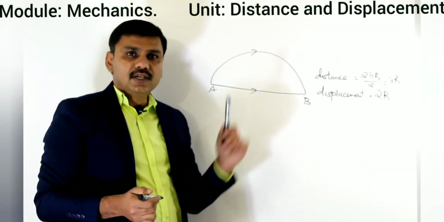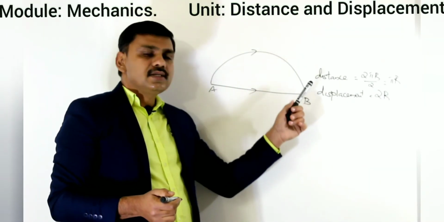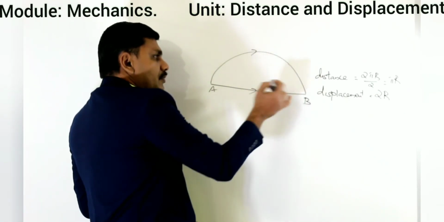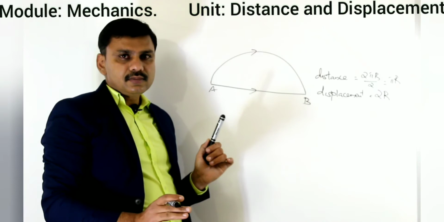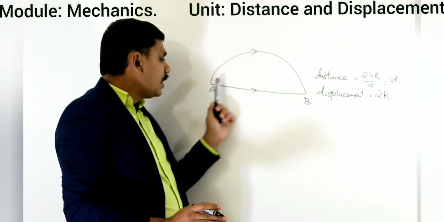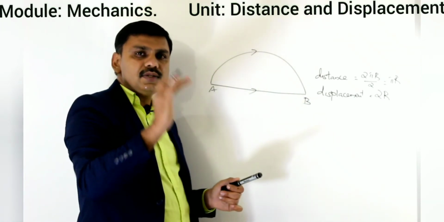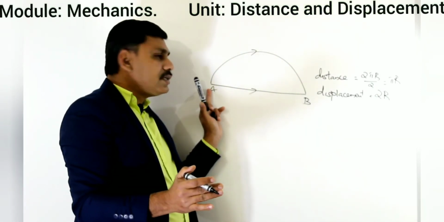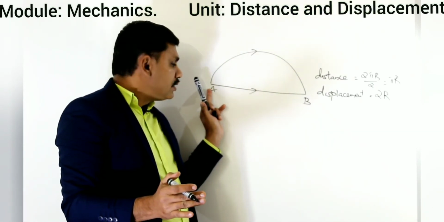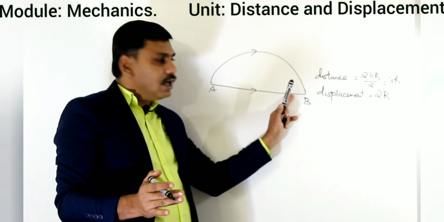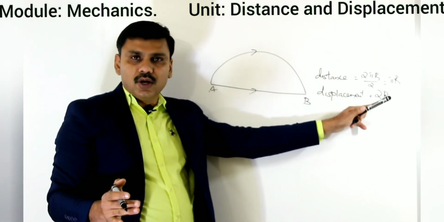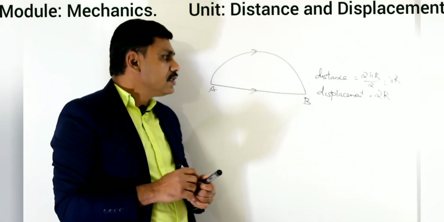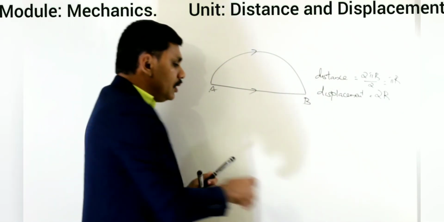So 2r gives the displacement and distance gives pi r. That is the semicircle. From A to B, you can reach B by the shortest path, that is the motion along the diameter, and that diameter is 2r. So for this motion, distance is pi r and displacement is 2r.